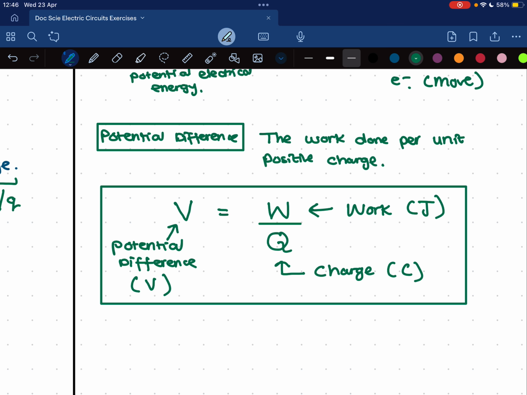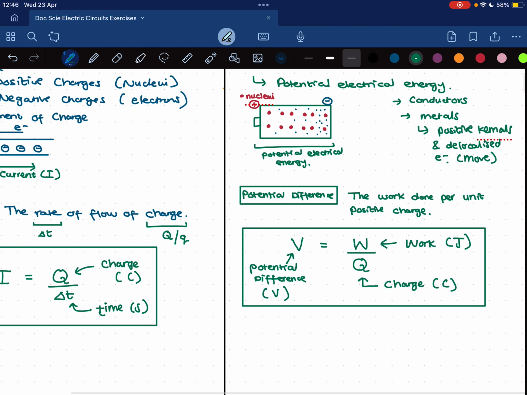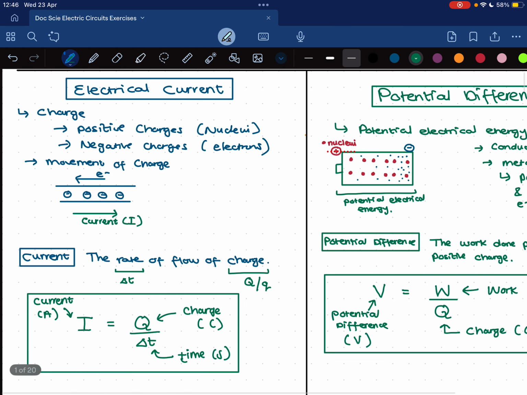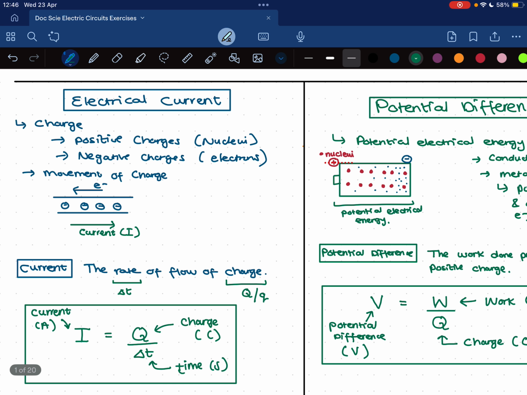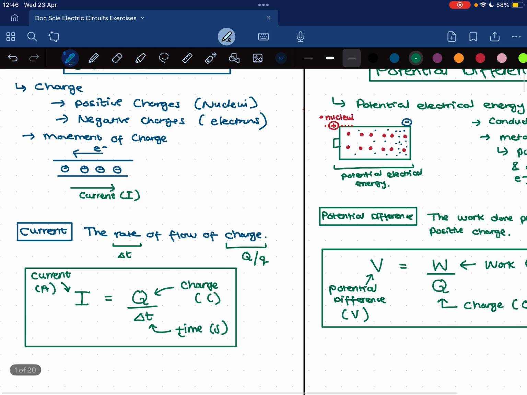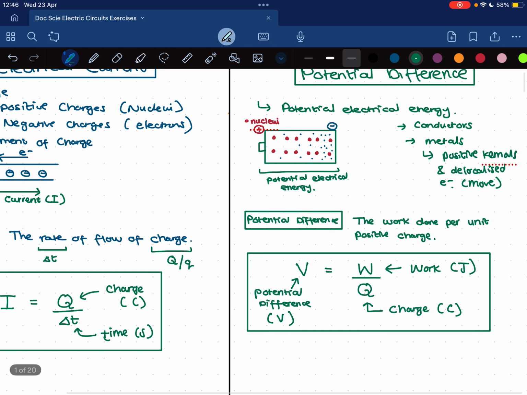Okay, so we understand that electrical current is used for measuring the rate of flow of charge, and the potential difference measures the work done per unit on that positive charge.